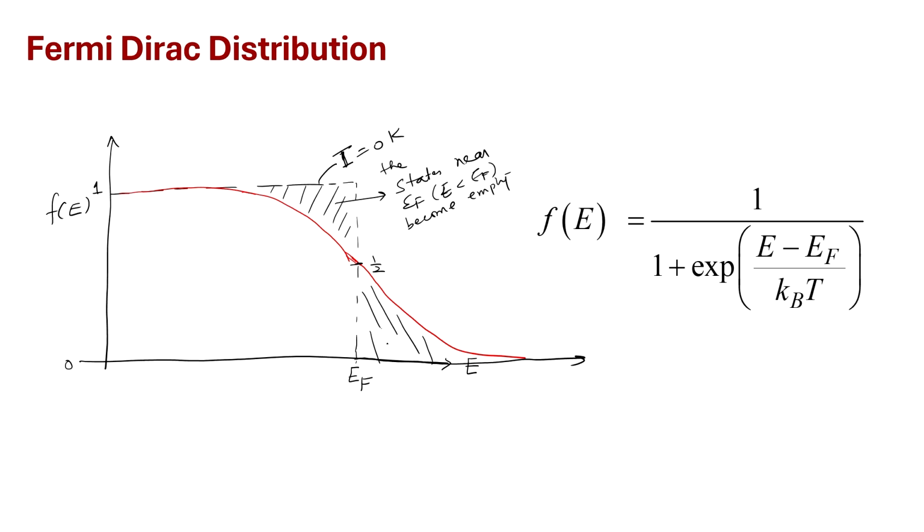These are the now filled states, filled by electrons jumping from E less than Ef. So, these are states at E greater than Ef.